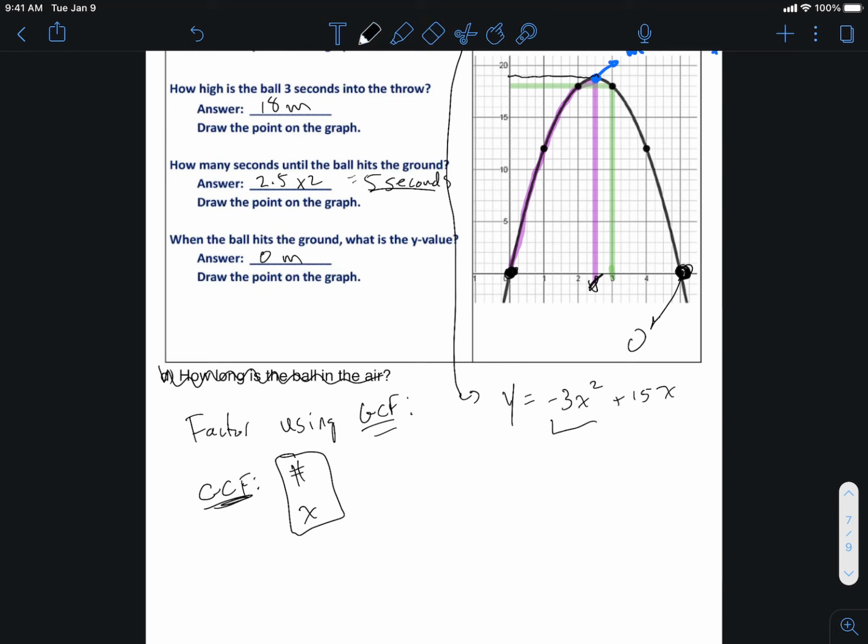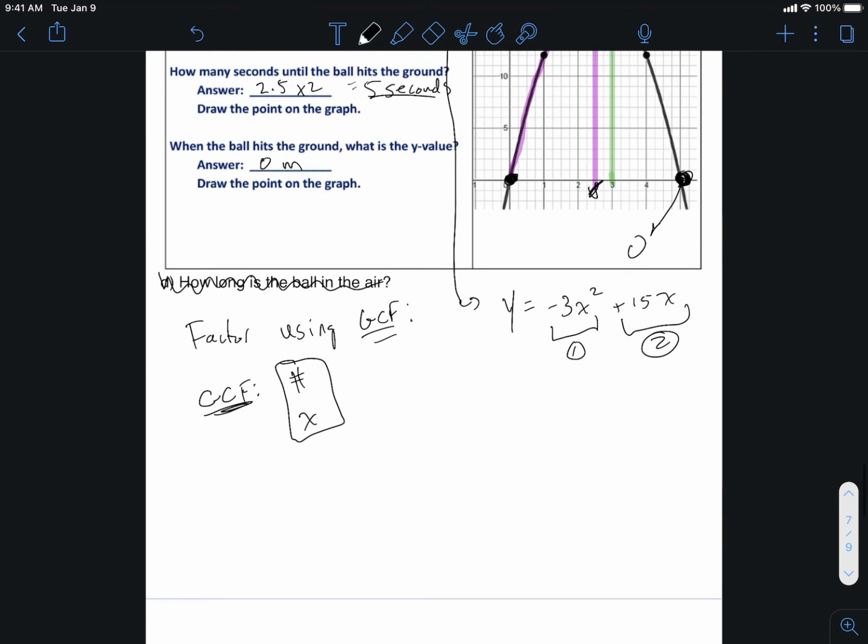So what's the biggest number that I could take out of both number 1 and number 2? Looks like I can take -3 out, because I can divide both -3 and +15 by -3.